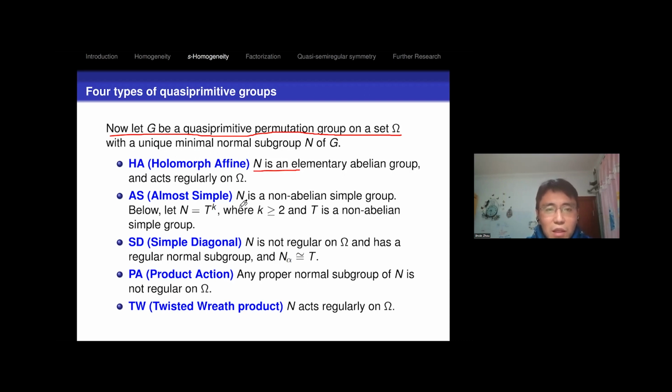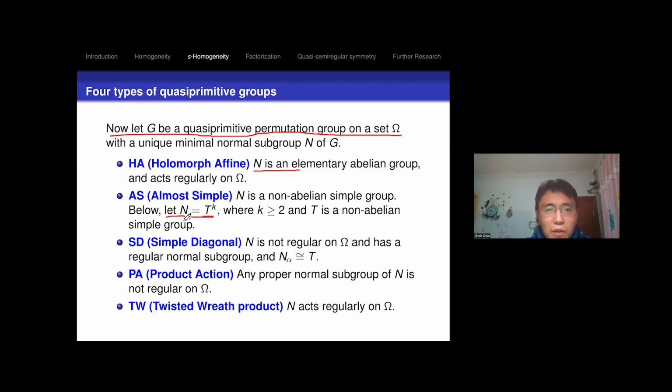The second case, if N is a non-abelian simple group, then we say that G is of type AS, almost simple type. Below, we let N be a direct product of some isomorphic non-abelian simple groups, say T to the K, where K is at least 2, and T is a non-abelian simple group.